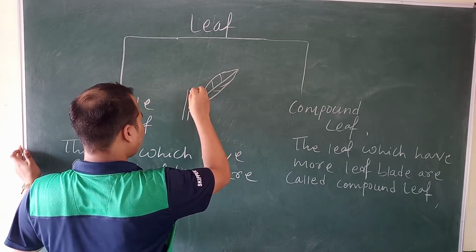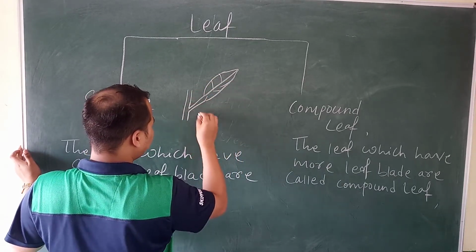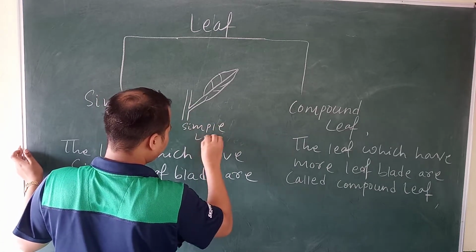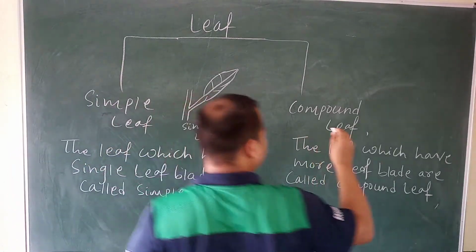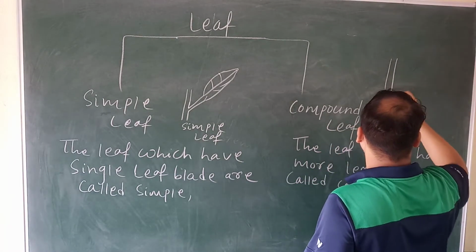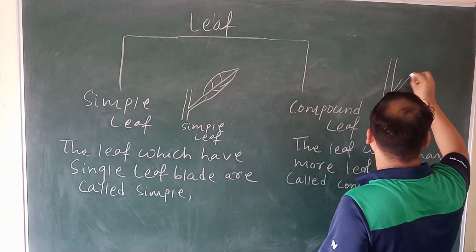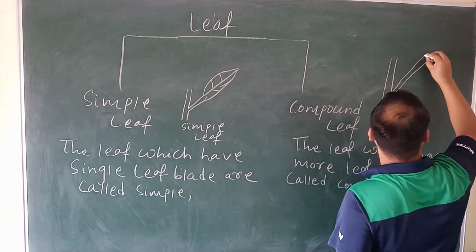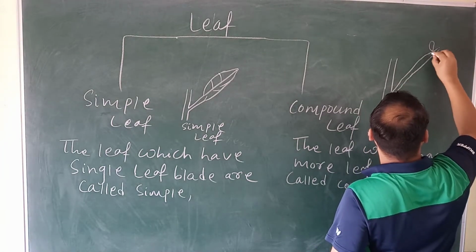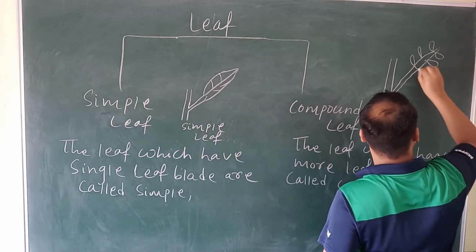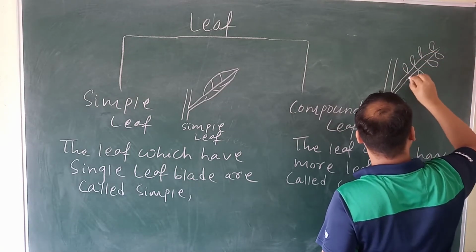Okay, so this is the structure of simple leaves. And this is the structure of compound leaves. So what will happen?